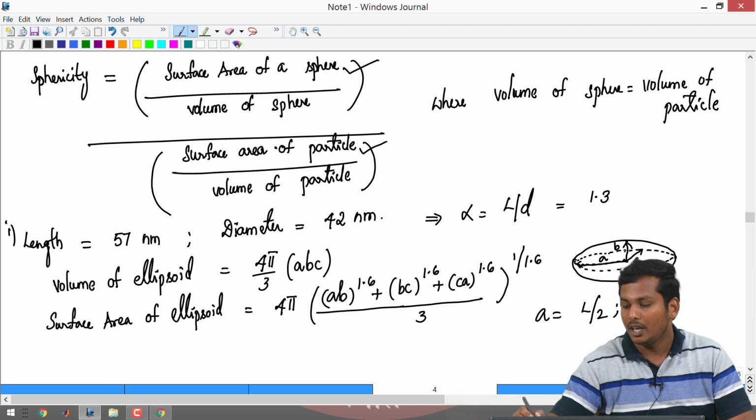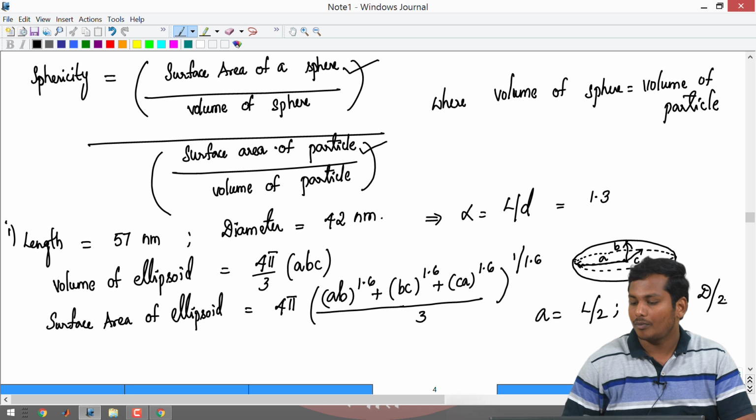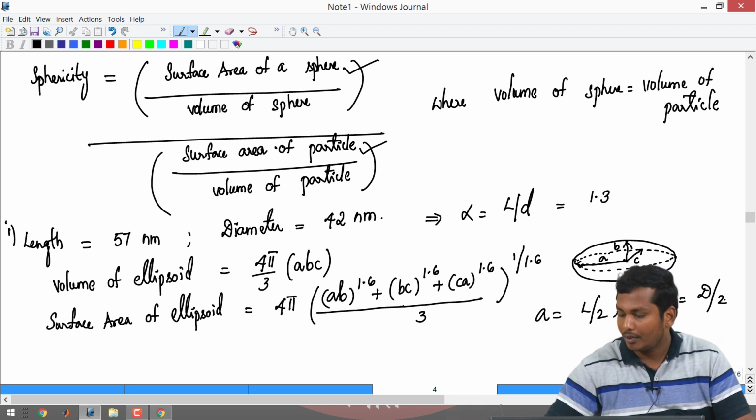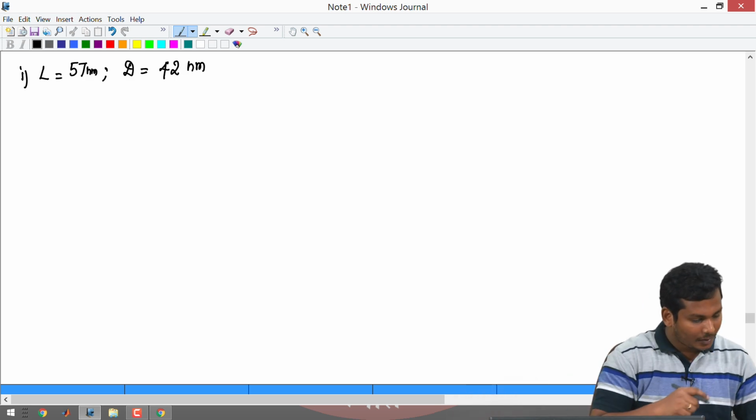So, B and C are same. So, B will be equal to C equal to D by 2. With that we will calculate the sphericity.